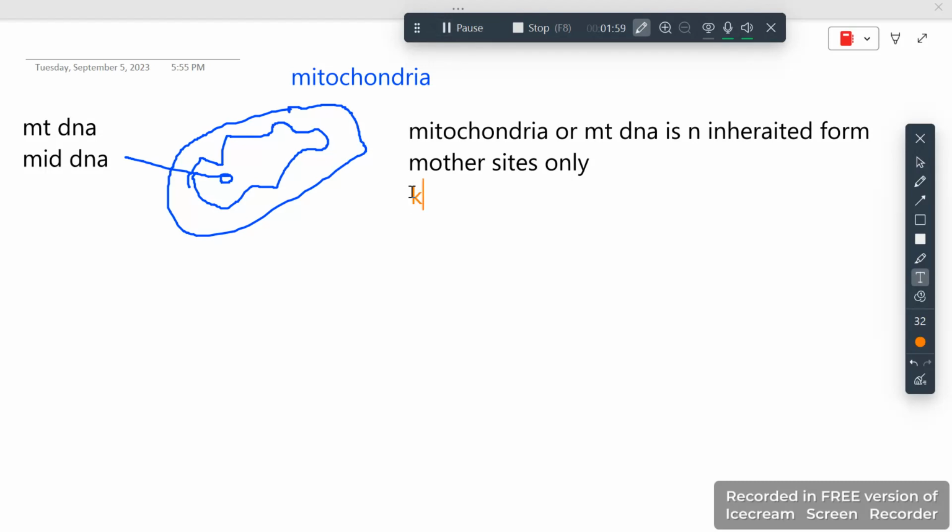Then we have the Krebs cycle in the matrix, the fluid we have, and this has NADH, or this could be FADH as well.